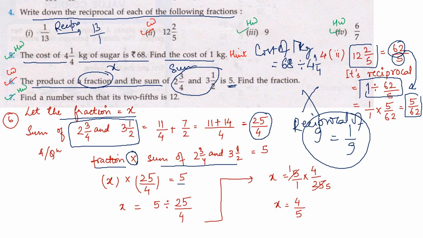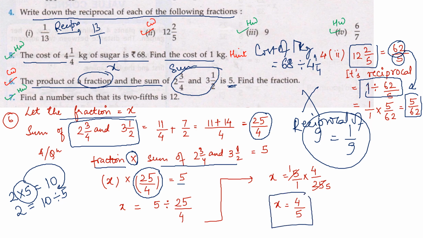So x will be, this term is getting multiplied on one side. So when we say that 2 into 5 is 10, it means 2 equals to 10 divided by 5, isn't it? That is justified. Multiplication on one side will change to division on other side. Same way x into 25 by 4 is 5. So x will be 5 divided by 25 by 4. Solving it, we'll get the answer of x as 4 by 5.